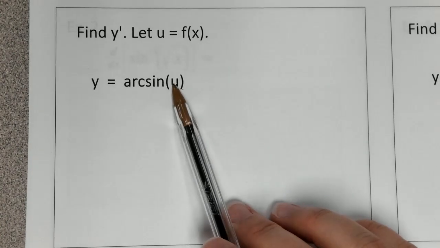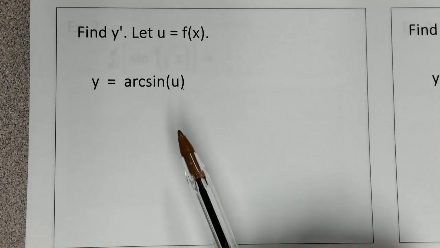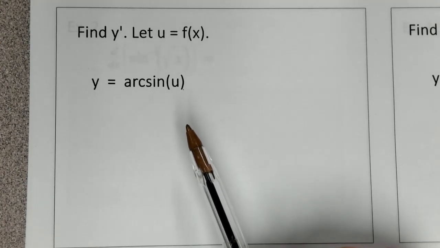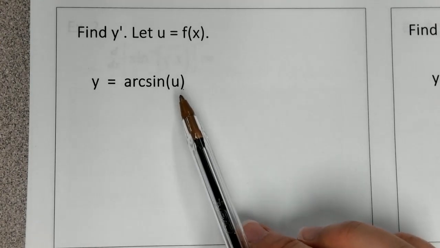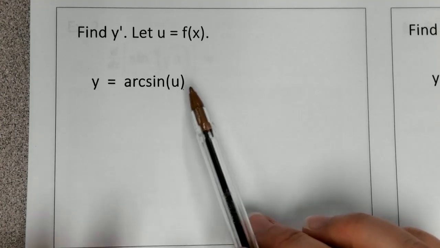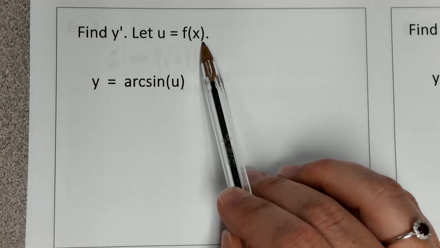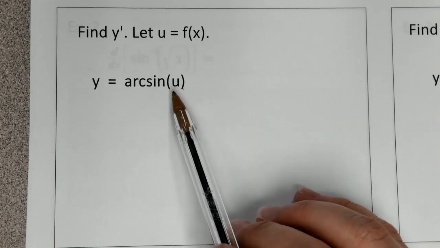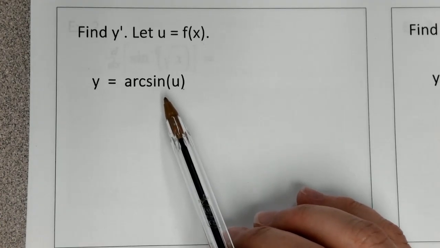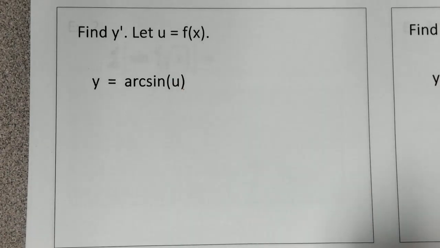Now, the advantage of solving this with a u is that we'll be able to take the derivative of the arc sine of anything, of 2x, of x squared, of the square root of x, of 1 over x. U is just any function of x, right? This, again, is a lot more useful to us than just taking the derivative of arc sine x, right? What if it's something else? Okay, so we're building the chain rule into this.